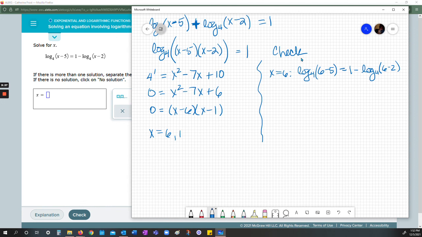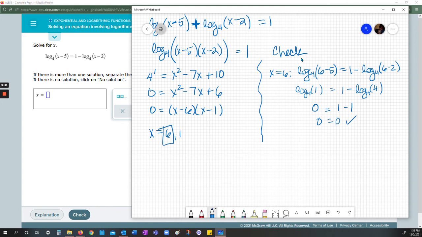We got to keep working on this. So log base 4 of 1 equals 1 minus log base 4 of 4. Log of 1, no matter what the base, is always 0. And then we have 1 minus, okay, the bases match, so that's 1, so this works. 0 equals 0.